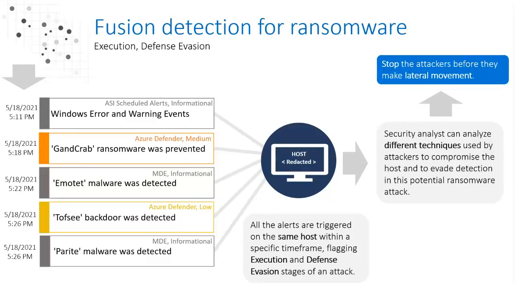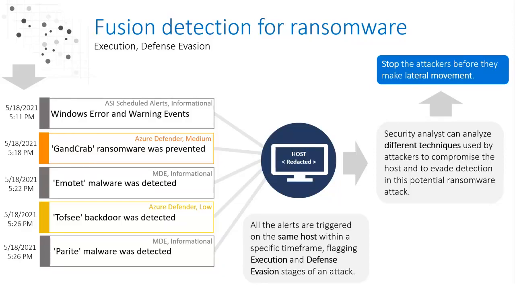So the first alert happened before the ransomware was prevented alert, it might be showing attackers running malicious activities on your local host. After the ransomware was prevented, it's possible that the attacker continued to perform malicious activities.